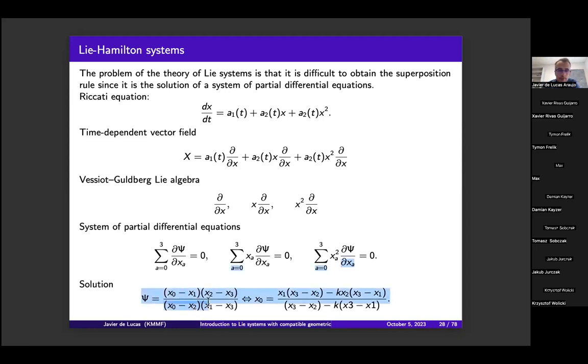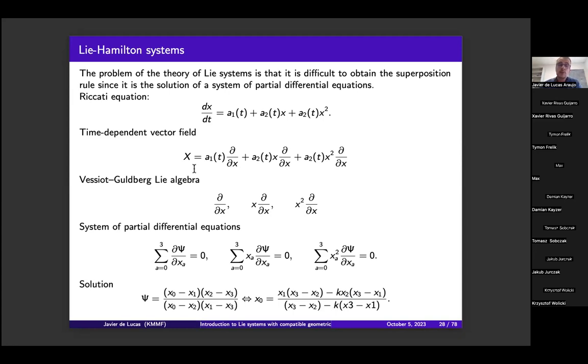Let me tell you how we obtain the solution of these partial differential equation systems. Well, you will have to pray to God or to someone, because sometimes it's almost impossible. Sometimes it's difficult, but it is possible. Let us say that it's tricky in general, but it is easier than solving the initial equation.